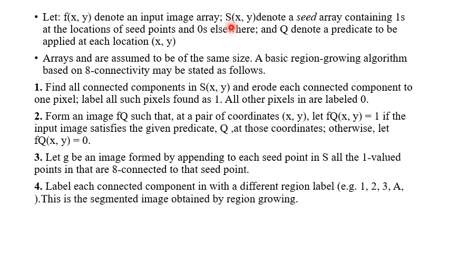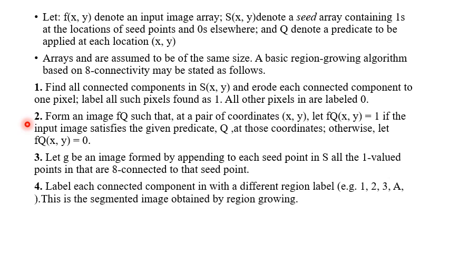And I told you in the first class what is known as a predicate. So let q denote a predicate to be applied at each location (x,y). The arrays are assumed to be of the same size. The basic region growing algorithm, where we are going to use 8 connectivity, is stated as follows.